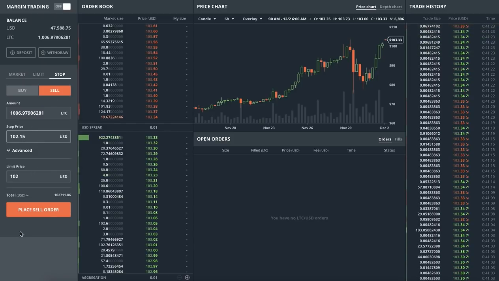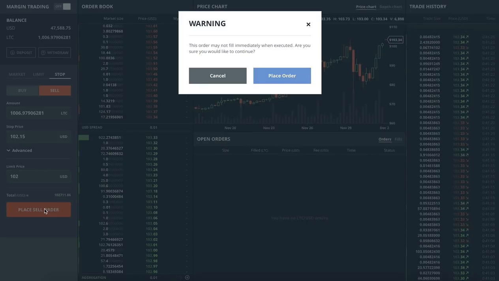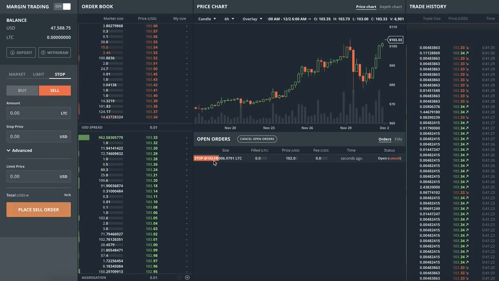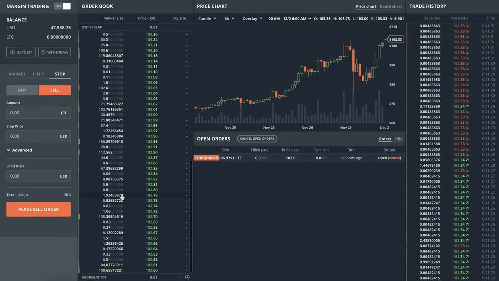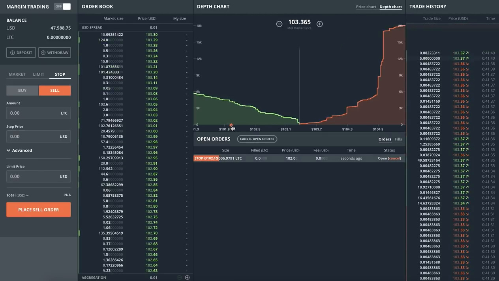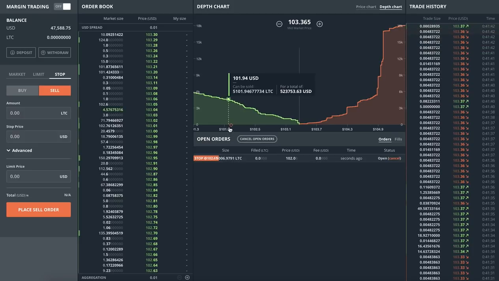So this order, if I place the sell order, is now on the books. You can't see it because it doesn't execute until it drops to 102.15. If you look at the depth chart, it does show you your order there. That's one cool thing about GDAX that I like.